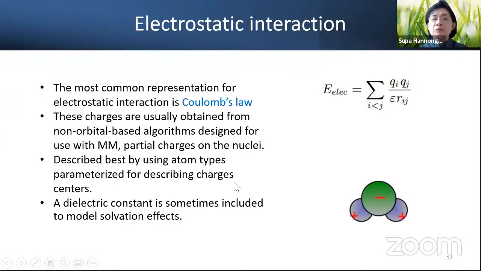I mean the parameters of the atomic charge. For example, we need to parameterize for an oxygen atom, which is different from a carbon atom. Okay, this is the meaning that I would like to emphasize. And sometimes the dielectric constant can be included in order to model the solvation effect.